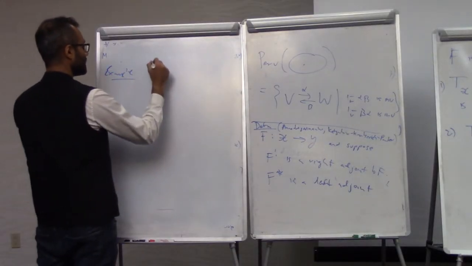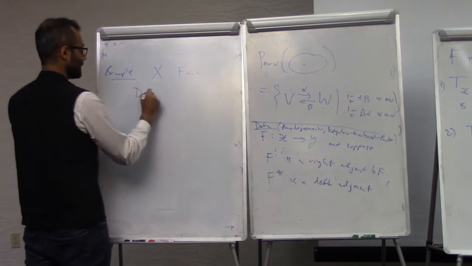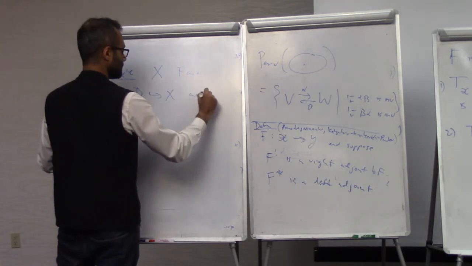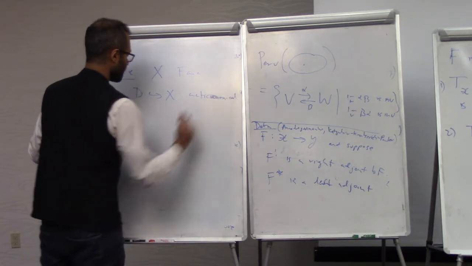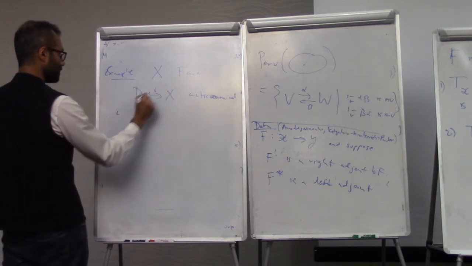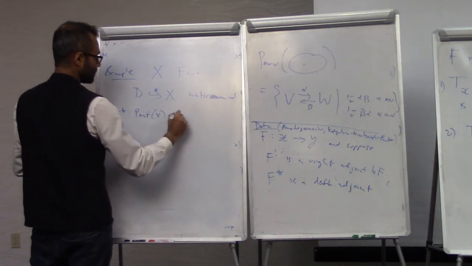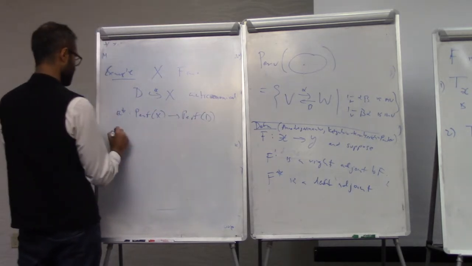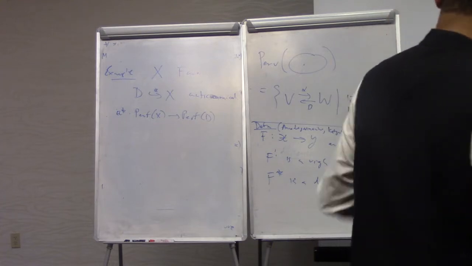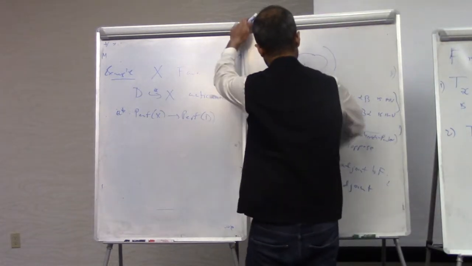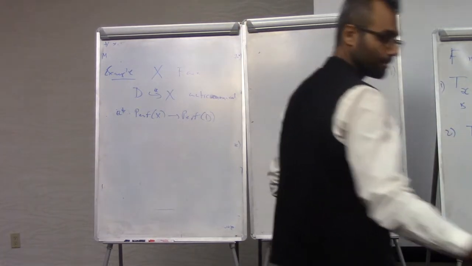If X is Fano, and D contained in X is an anti-canonical divisor, which is of course mirror to the situation about Fukaya categories that I've been talking about, then i upper star, let me call this A, then i upper star mapping Perf X to Perf D is compatible spherical and in fact carries a strong relative Calabi-Yau structure, which suggests that you can somehow promote the spherical data to something that encodes the strong Calabi-Yau structure.